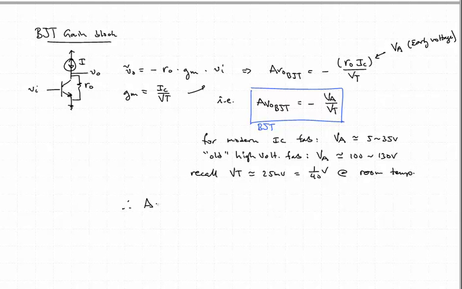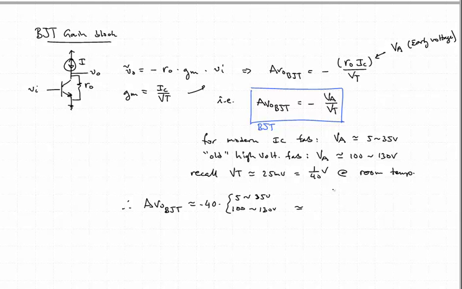So therefore, AVO of the BJT is going to be in the range of, let's see, it's going to be 40 times 5 to 35 volts for the modern fab, and between 100 and 130 for the older fab.